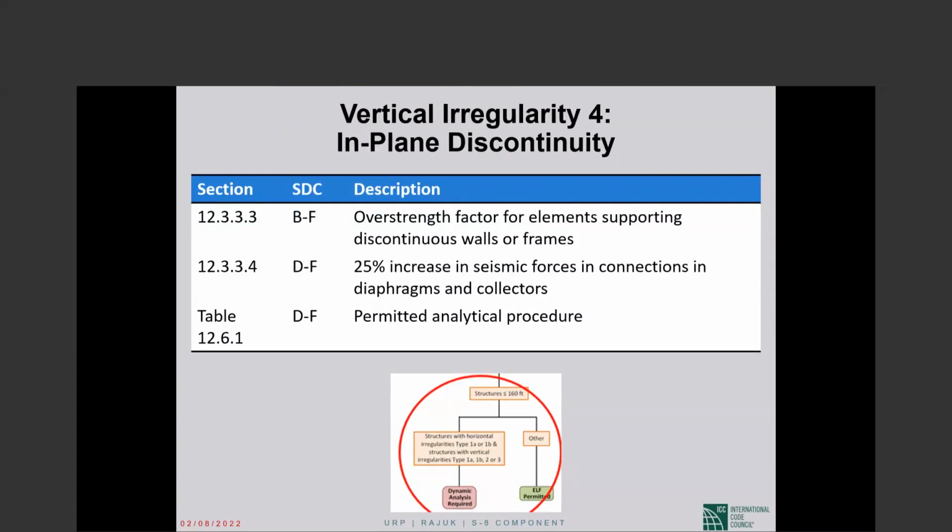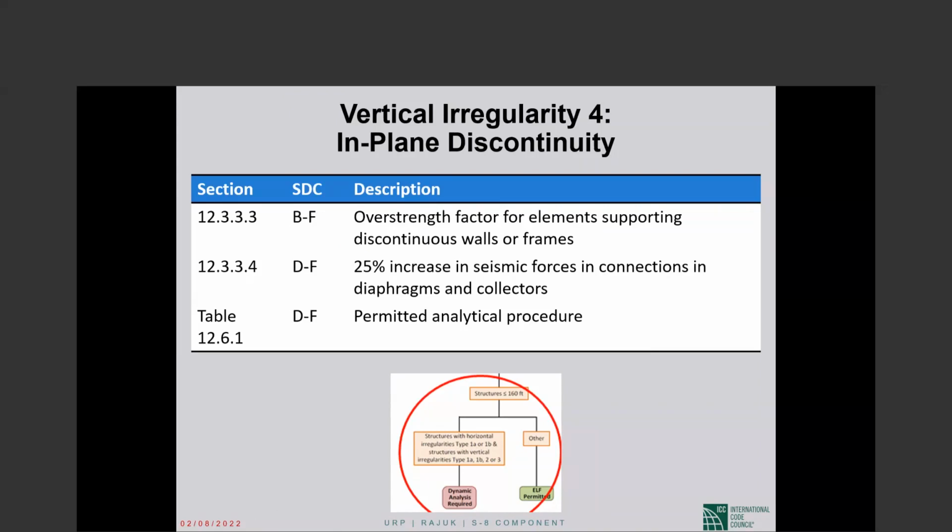If you have type 4, then the ASCE 7 provisions that are triggered are the overstrength factor for elements supporting discontinuous walls or frames. That is a very important requirement. Then a 25% increase in seismic forces in connections, diaphragms and collectors.